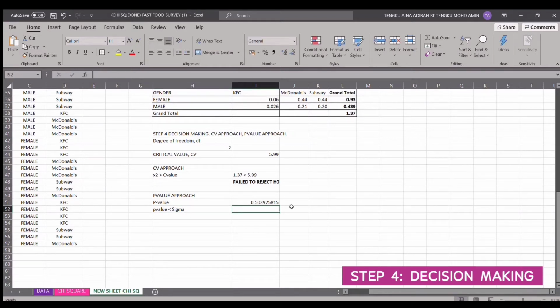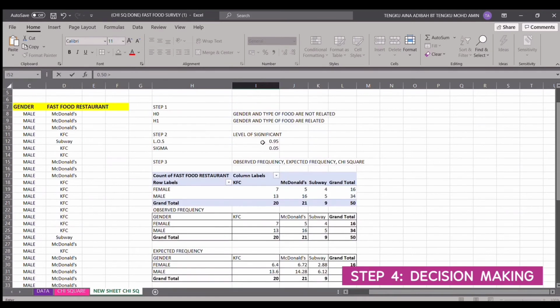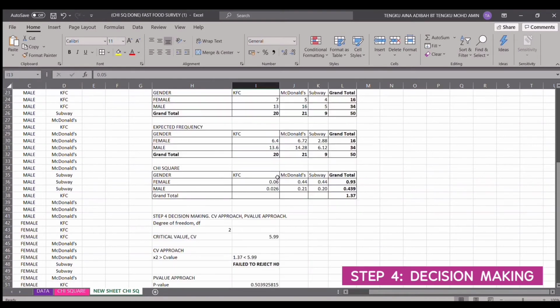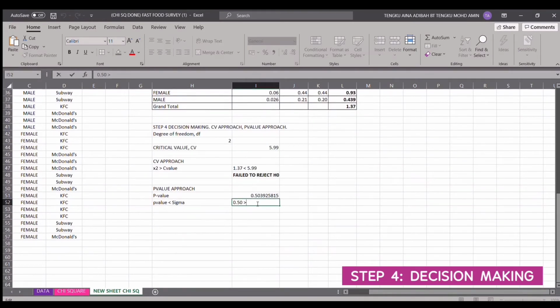Right now we can just take 2 decimal places, 0.50, which is more than sigma. What is sigma? Sigma is this one. This value is 0.05. This means right now we have p-value more than sigma, which means we cannot reject the H0. So the answer is fail to reject H0.